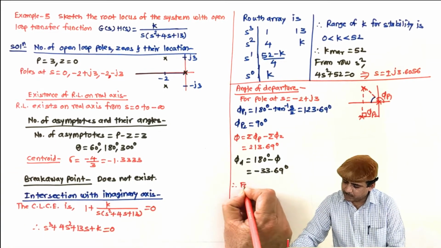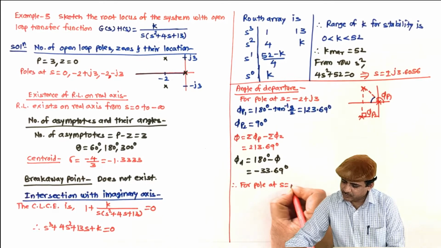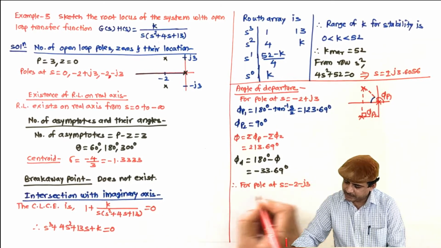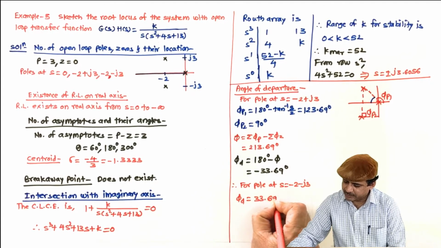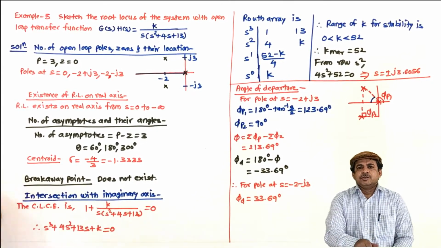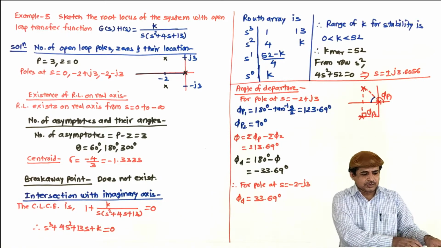So for the pole at s equal to minus 2 minus j3, phi d is 33.69 degrees. So the entire information required is gathered, and let us sketch the root locus.